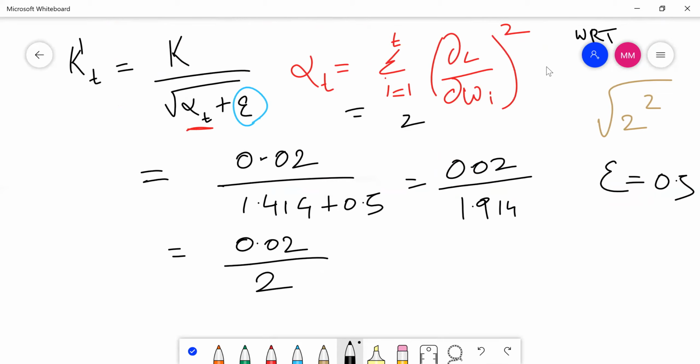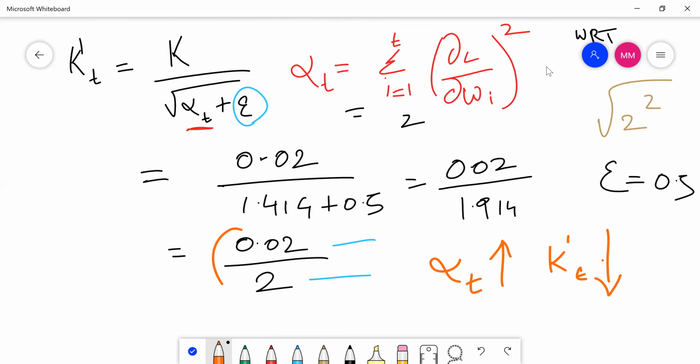When we are dividing a smaller number by a bigger number, the value will be very, very small. That means the motive of this calculation is, when this alpha t value gets increased, this k dash with respect to t will decrease, because when we divide by a bigger number, obviously the value will be small.